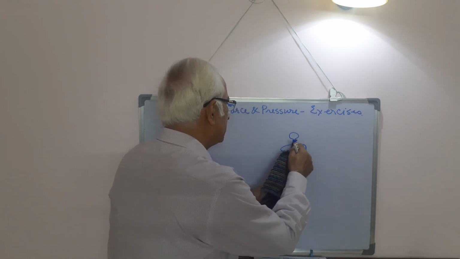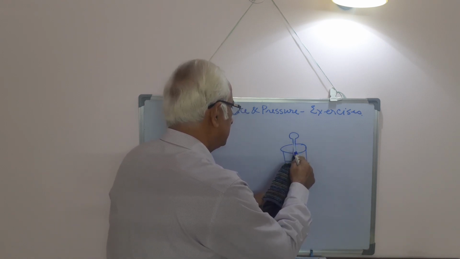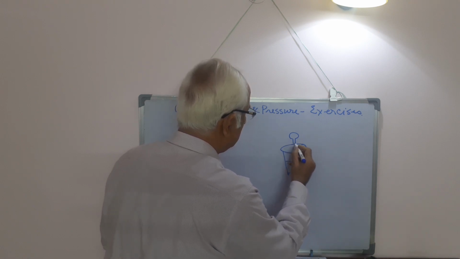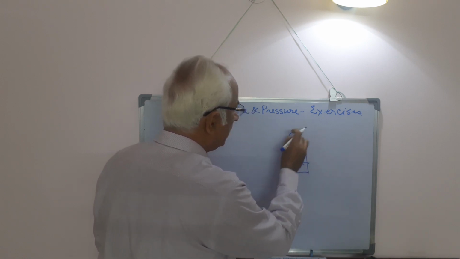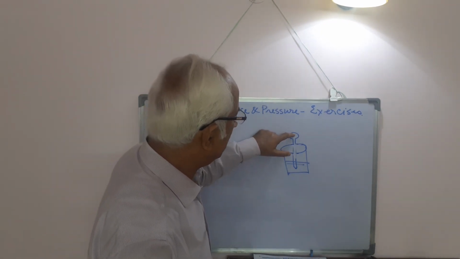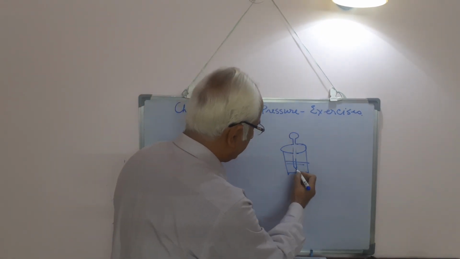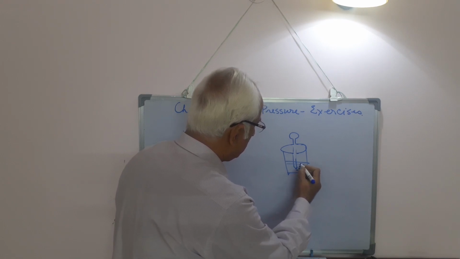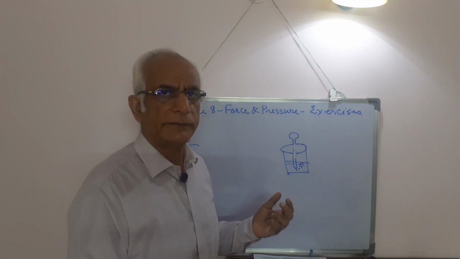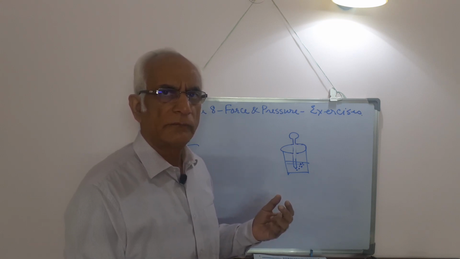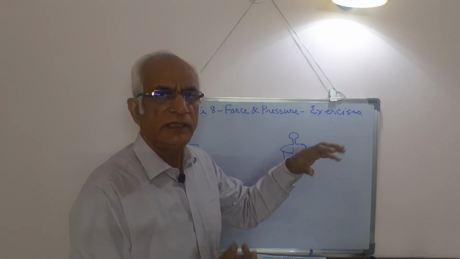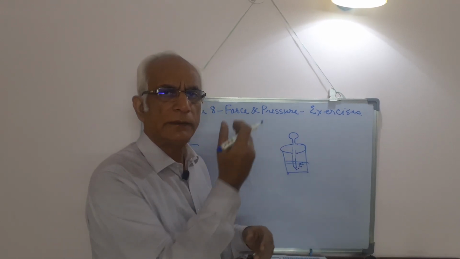So when we press the bulb of the dropper, the air in the bulb will come out from here. And you can see air bubbles, that the air is coming out of the dropper. And when you release the bulb, the water will enter the dropper.